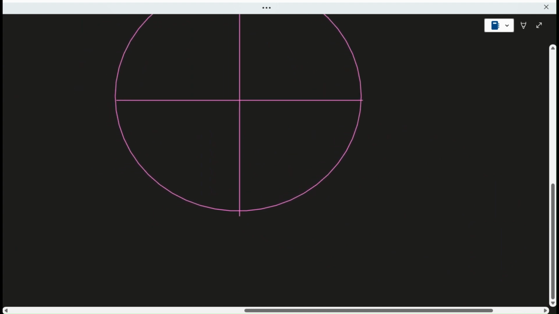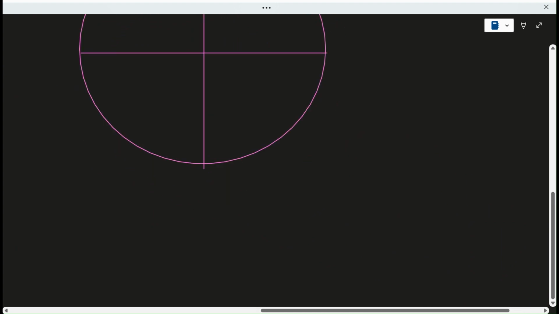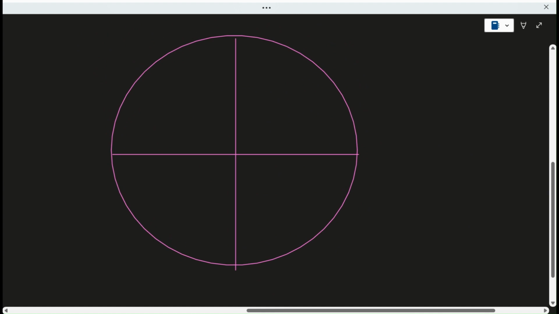This is the circle where I have divided the circle into four equal parts.